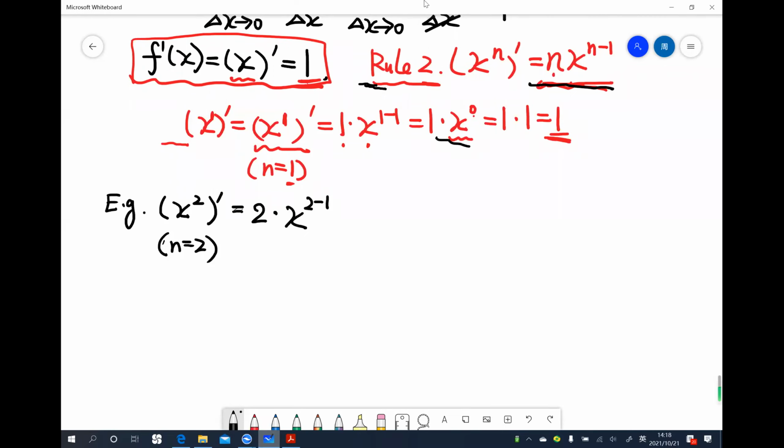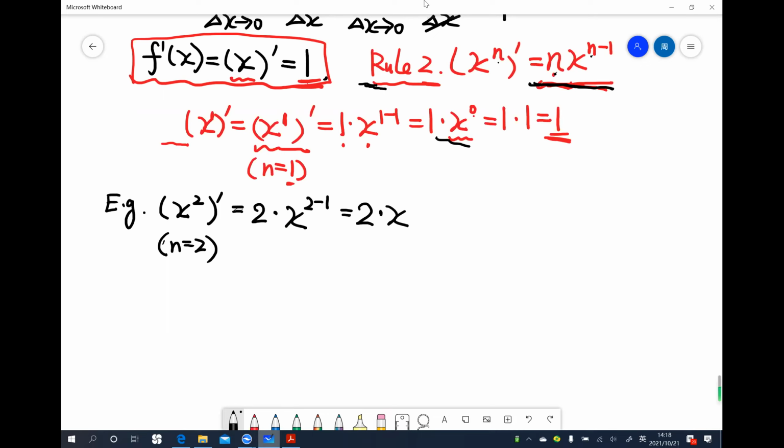So here, if n equals 2, we have x squared, right? So we use this formula, that is 2 times x to the power 2 minus 1. We substitute n equals 2 here, right? And that equals 2 times x to the power 1.